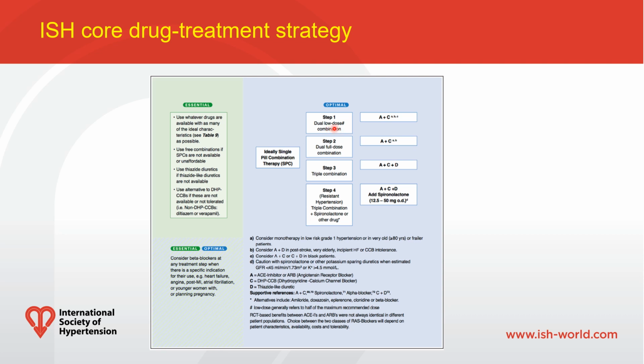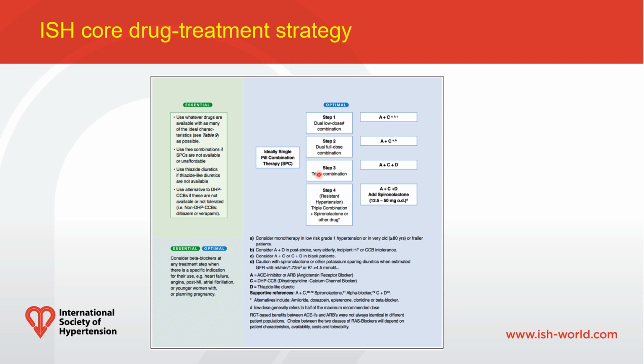You give the half dose on both sides and combine in a single pill. But if the blood pressure is not controlled, you can go to full doses on both types of drugs, and it's still in a single pill.